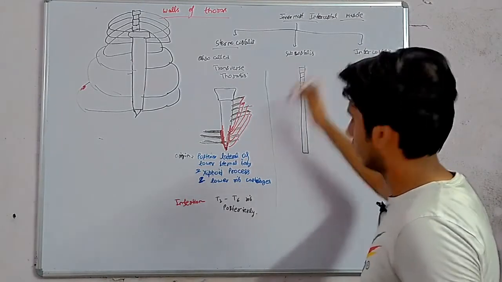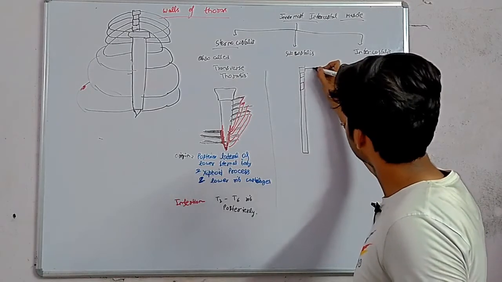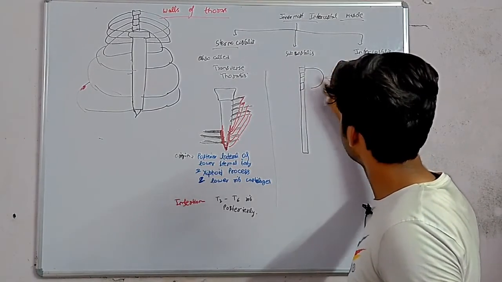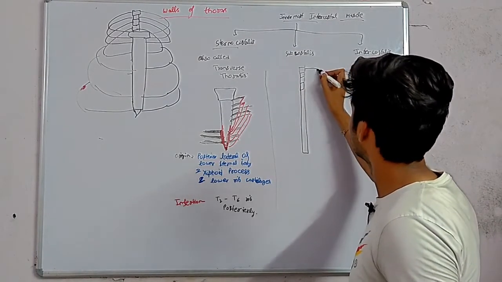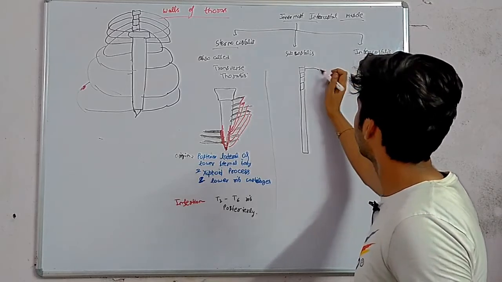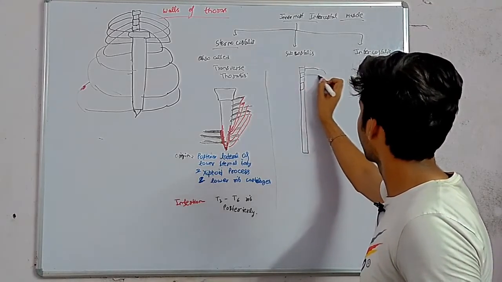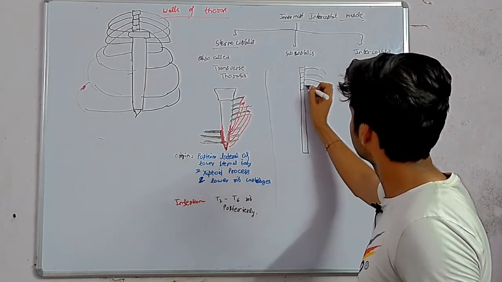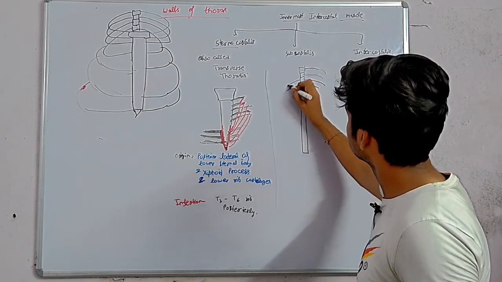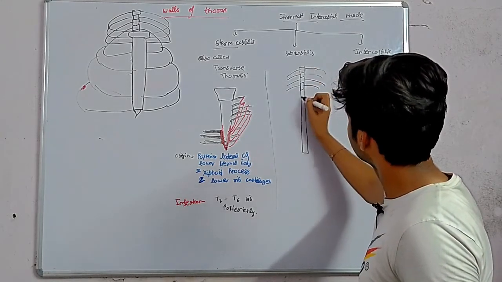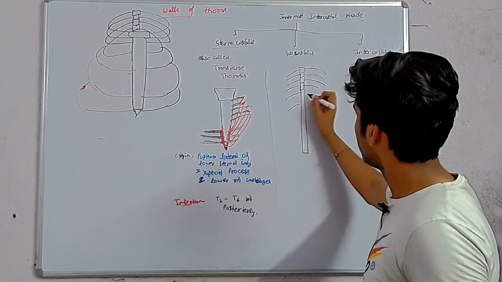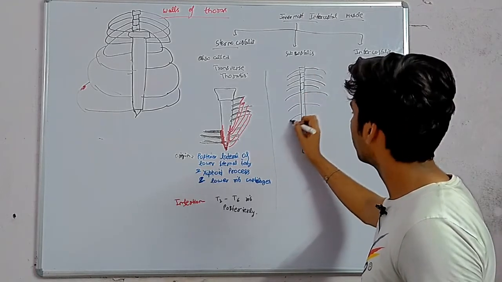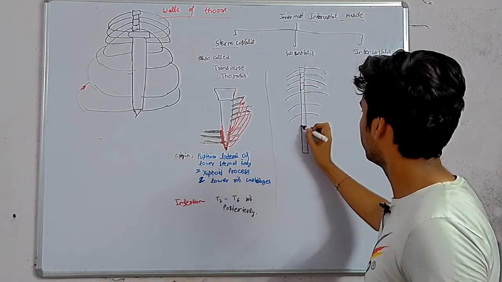We know ribs arise, and we draw small ribs, only half ribs deliberately. Multiple ribs arise, 12 pairs we know, not a big deal.